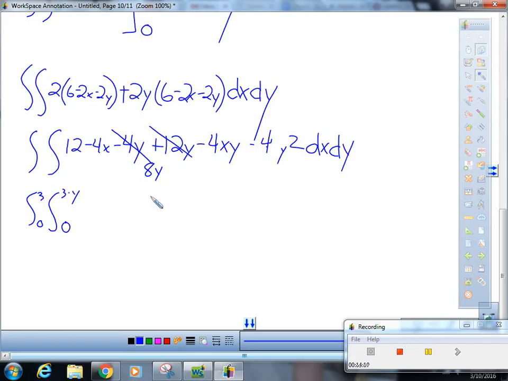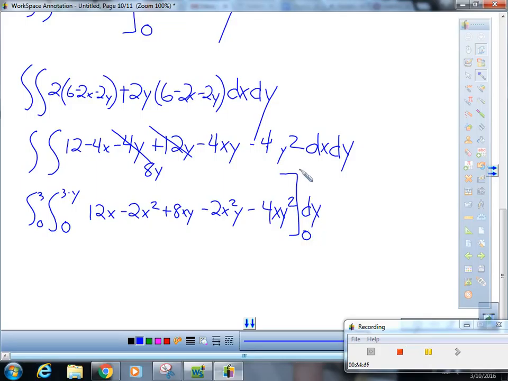All right, we're taking the integral with respect to x. So that's 12x minus 2x squared plus 8xy minus 2x squared y minus 4xy squared, as x goes from 0 to 3 minus y, all with respect to y.